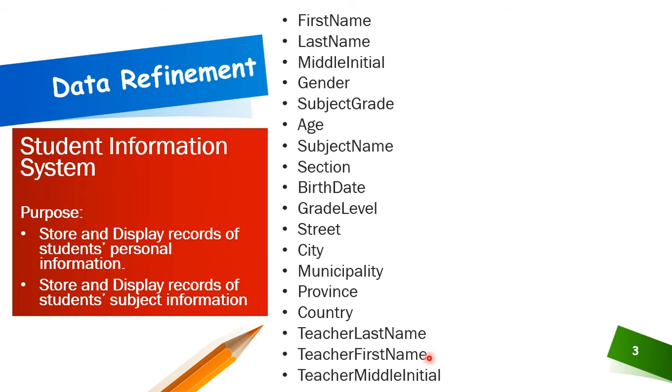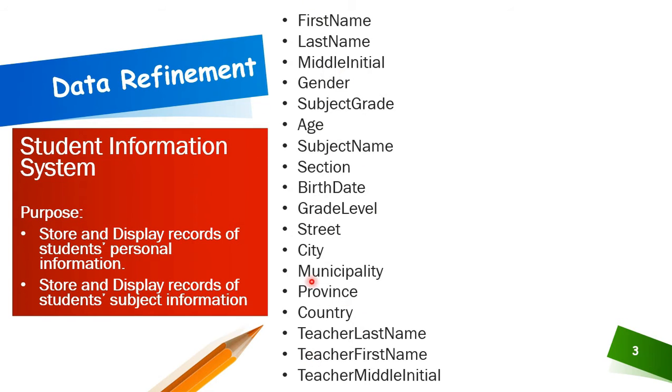After we identify the field names, this is now the time that we are going to perform data refinement. With data refinement, we are going to eliminate unnecessary information, and of course, add the necessary information that we need for our database system. Another purpose of data refinement is that we are also going to assign the following field names into their respective table.